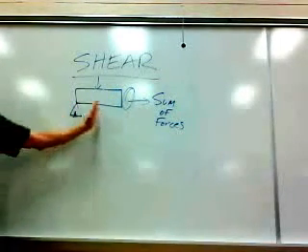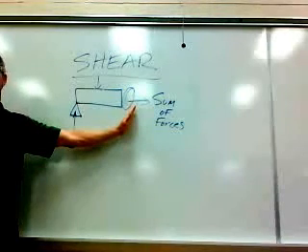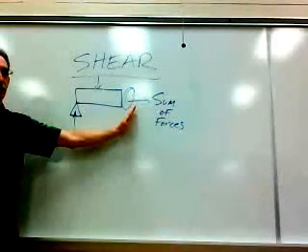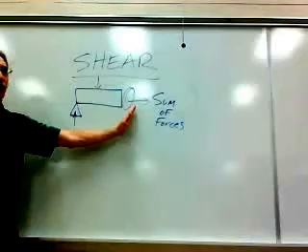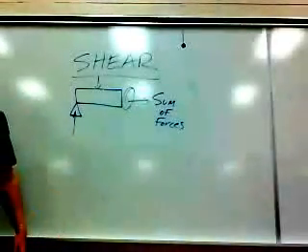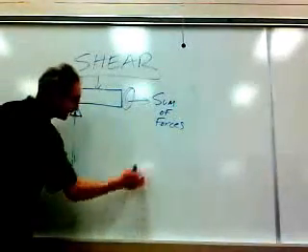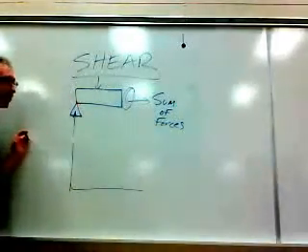Now, we didn't do that much other than to introduce shear in strength of materials, because we came up with this concept of developing a shear diagram. Okay? So our shear diagram would look like this. Again, the shear diagram is simply the sum of the forces.